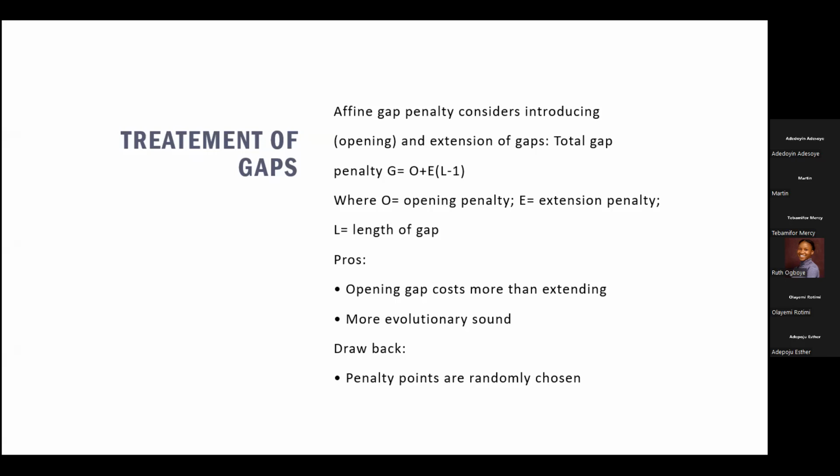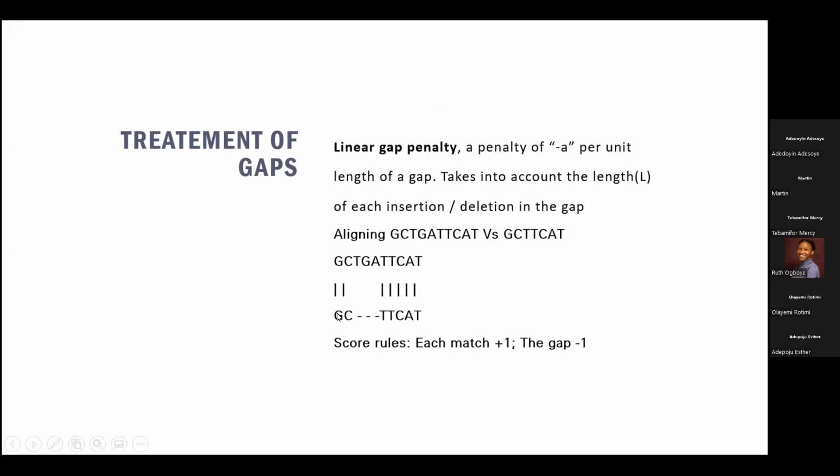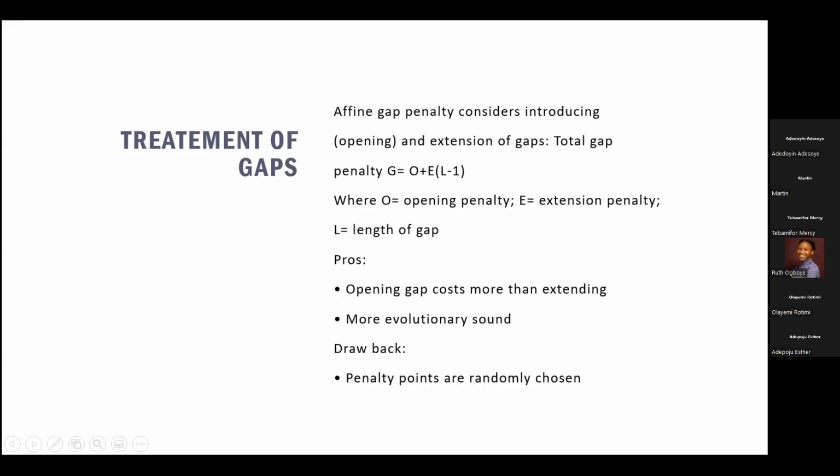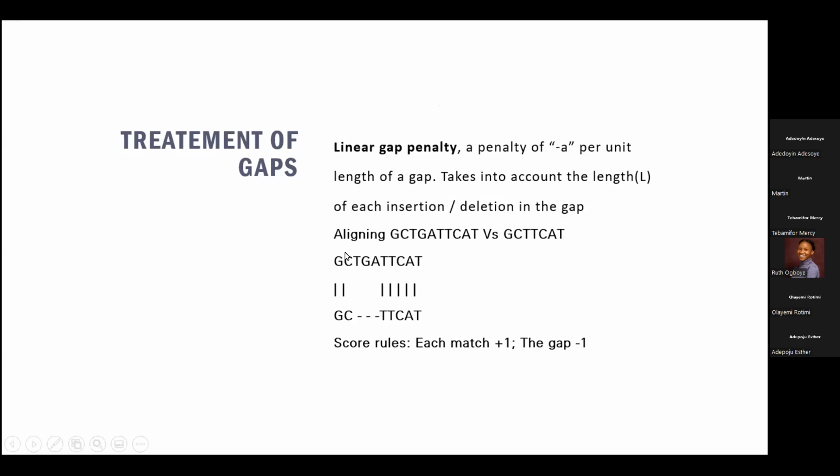For example, if you have short sequences like the one I showed you before, you don't need to go for affine gap penalty, because for this one there are no opening gaps here, so you cannot even use it. It just depends on what you're trying to achieve.